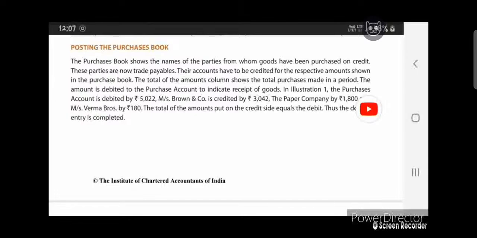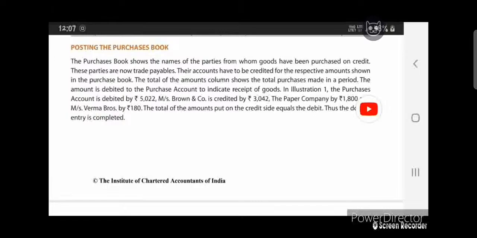In illustration 1, the purchase account is debited at rupees 5,022. So in the first illustration you have learned that the debit is rupees 5,022, and Mr. Brown and Corporation are credited with rupees 3,042.